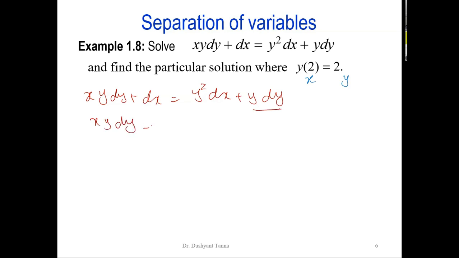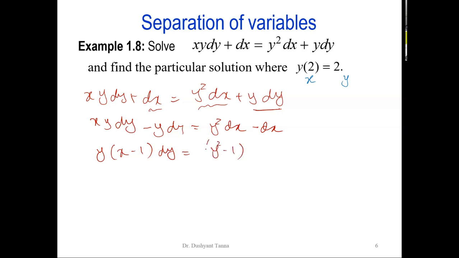I got this dy term. This is an x square dx term, y square dx, and this is another dx term. I take common what I can, so I keep y common. Left is x minus 1 dy. And over here, y square minus 1 dx.